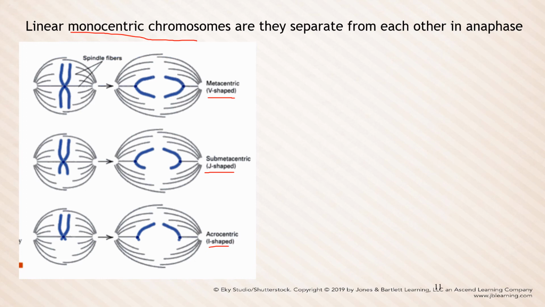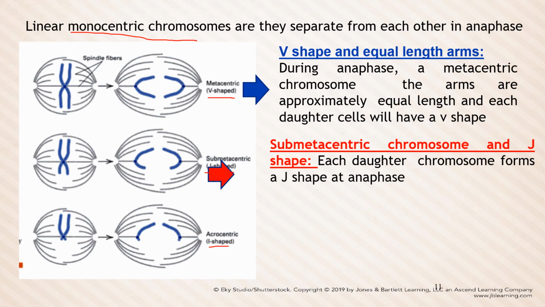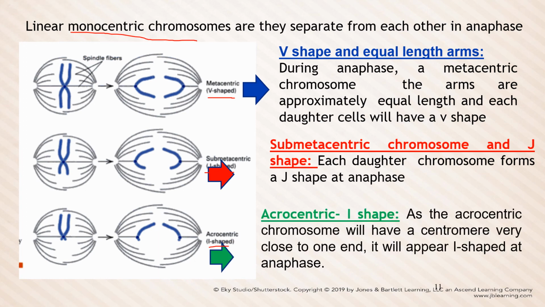So again, remember, if they have equal arms during cell division, the metacentric will look like a V, while the submetacentric will form a J shape, and the acrocentric will have an I shape.